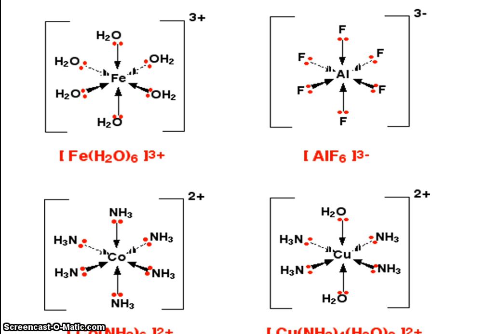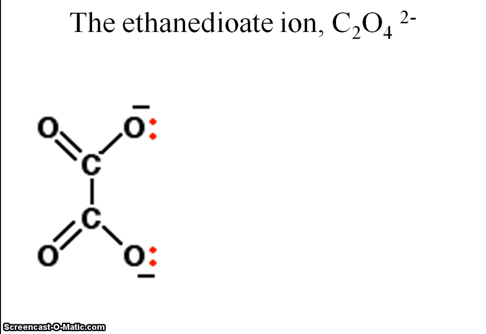Here are a few more complexes where there are 6 dative covalent bonds, so the coordination number of all of these is 6. Here's an unusual ligand, C2O4 2-. You may recognize the ethanedioate ion formed from ethanedioic acid, a dicarboxylic acid. So this is the 2-carbon dicarboxylate ion.